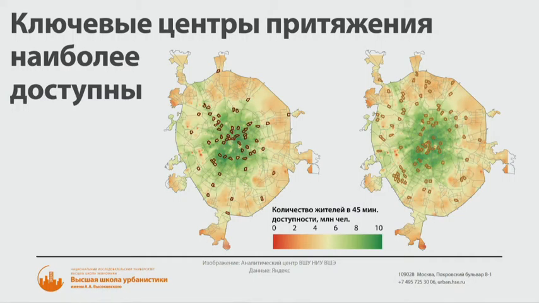So we looked at the centers' characteristics, transport accessibility. Red to green, that's a scale from 0 to 10 million people. So color marks how you can access this area.